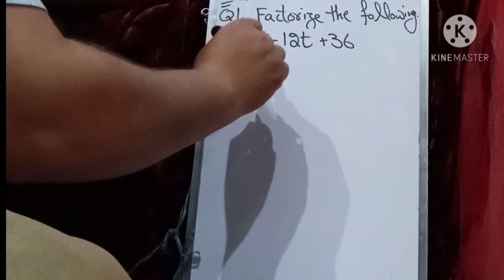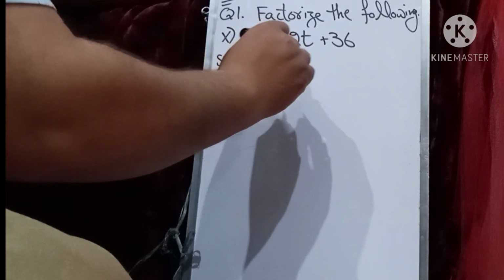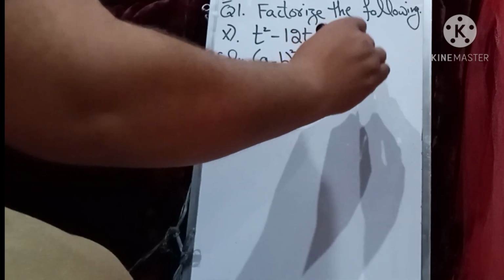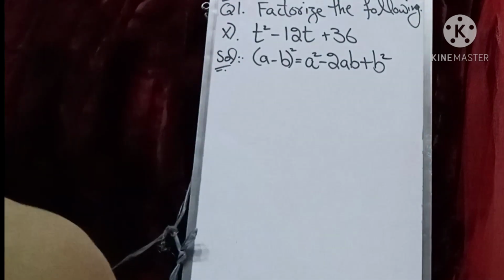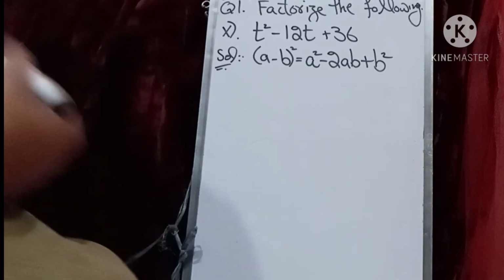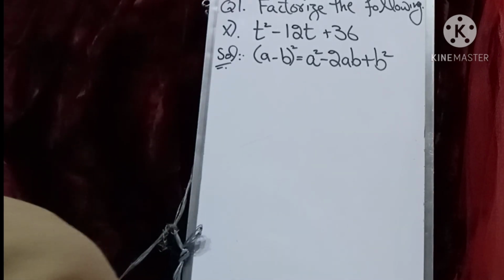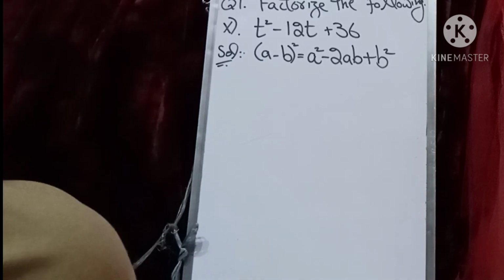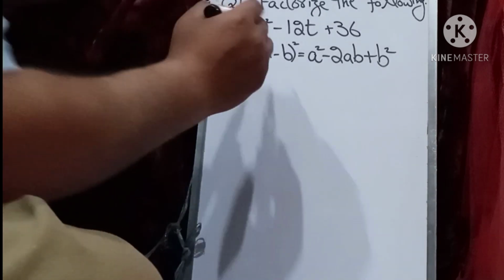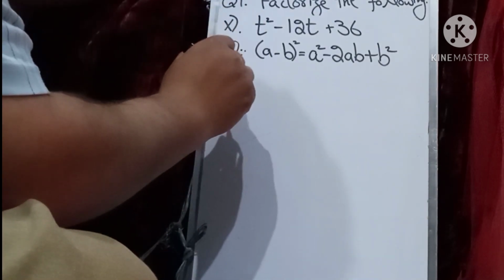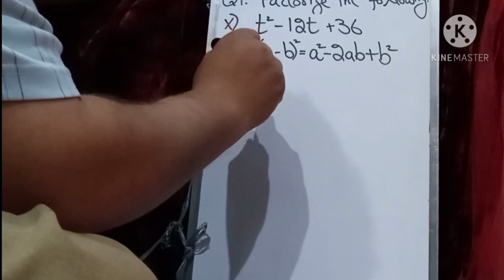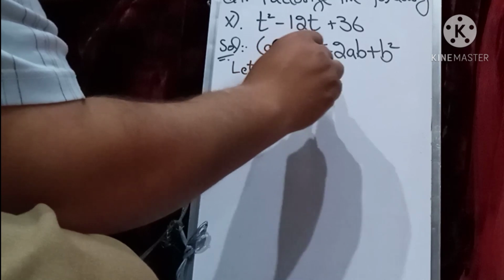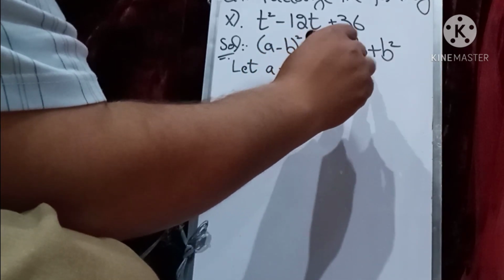In the next part we have t square minus 12t plus 36. Again same, (a minus b) whole square formula. When you open it, we get a square minus 2ab plus b square. So we are going to suppose that let a is equal to t and b is equal to 6.